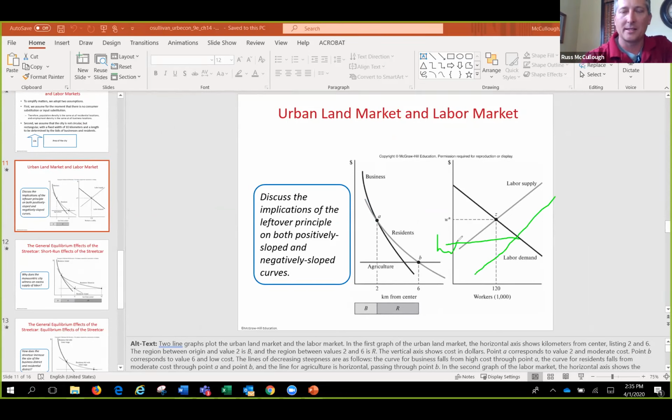The residential function shifted out, so that's going to increase our residential area. But at the same time, our business function moved also. And so the business area increases and the residential area increases. The total area of the residential area would be a little ambiguous, depending on how far you shifted the curves. But that is the picture that you would need to draw.